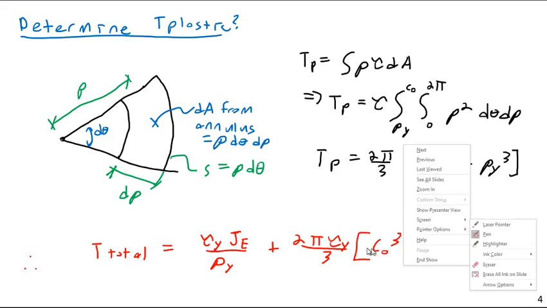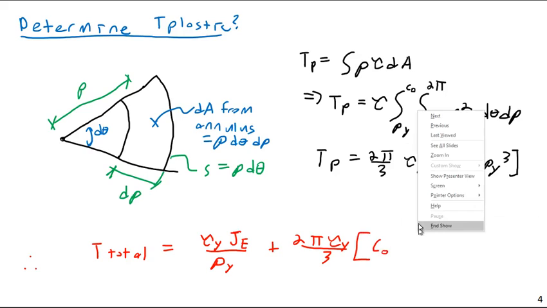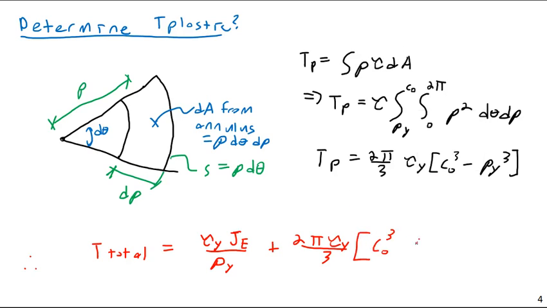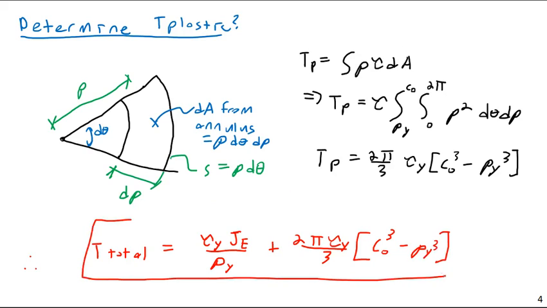Oh, that's god awful. Outer radius to the third minus the plastic radius, or the yield radius, also to the third here. And that is our overall formula for the total torque in an elastic plastic member.